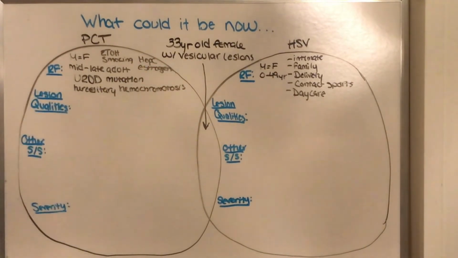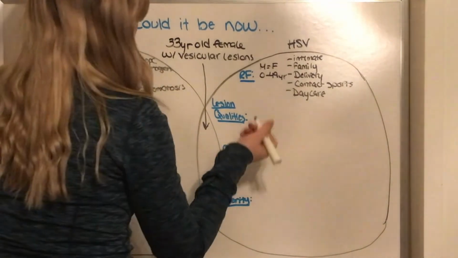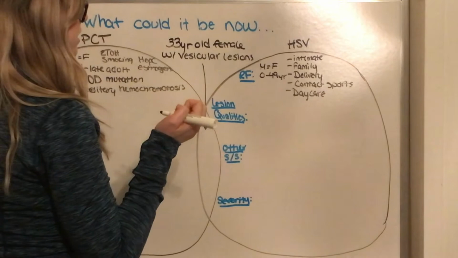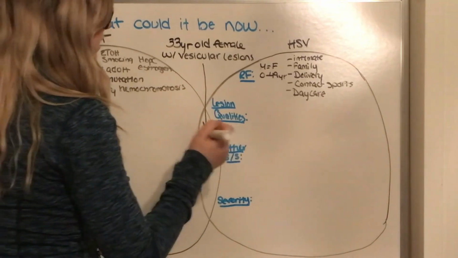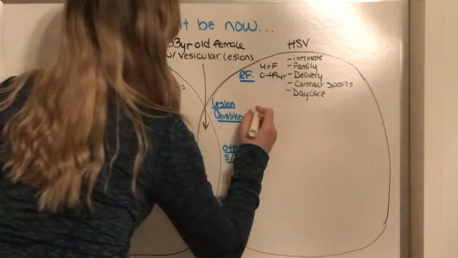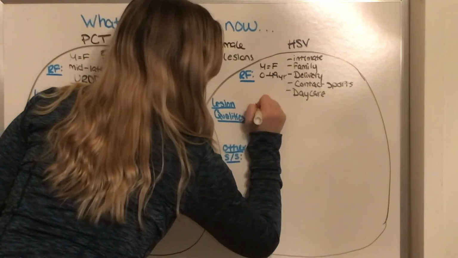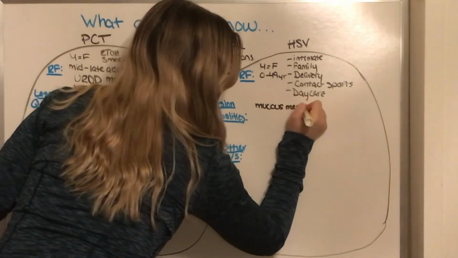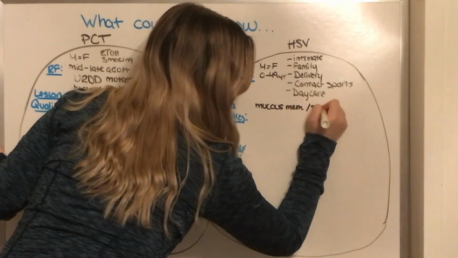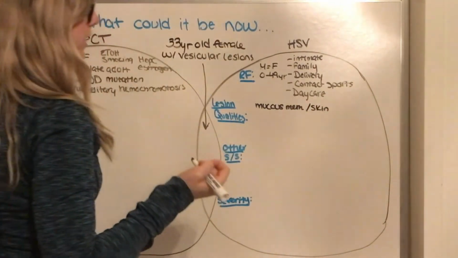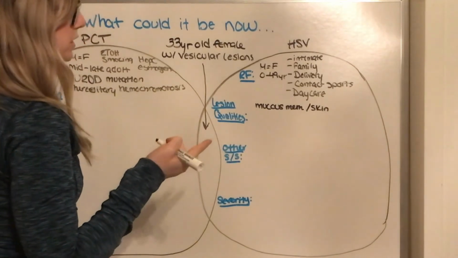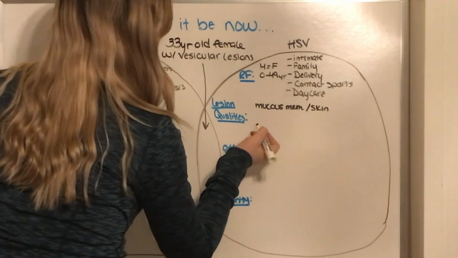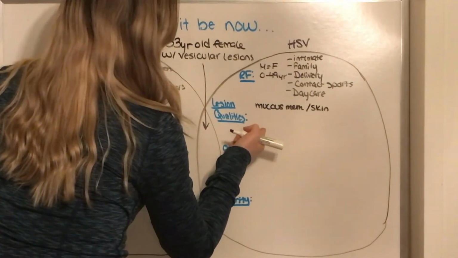Okay. Other things to note are the lesion qualities, specifically location, size, and fluid inside the lesions. For HSV, we're going to see these mostly in mucous membranes. It can also be seen on skin if the skin is broken and comes in contact with the vesicle fluid.